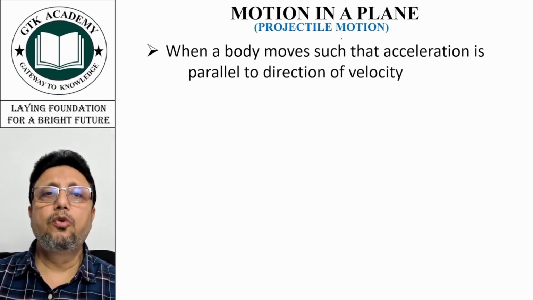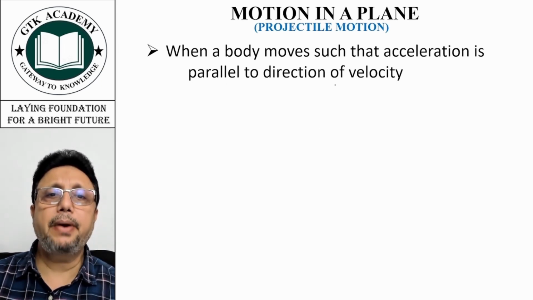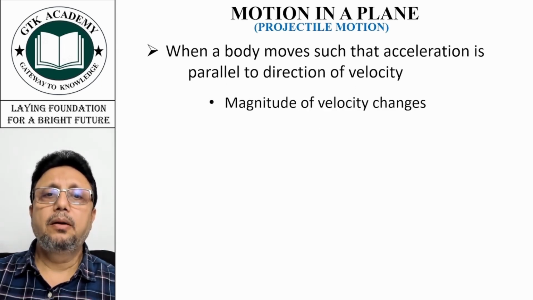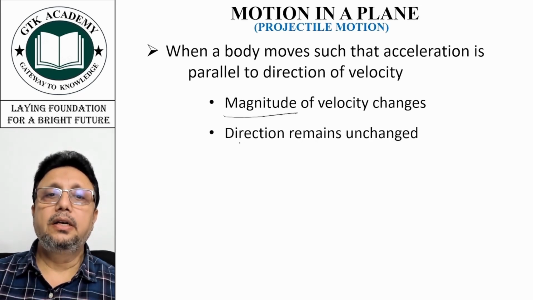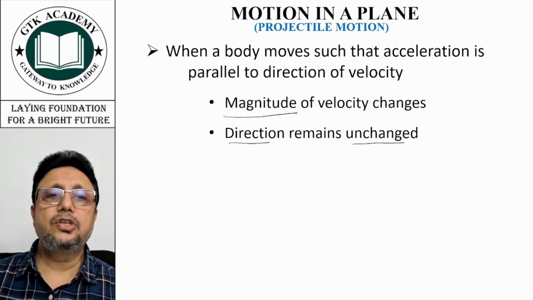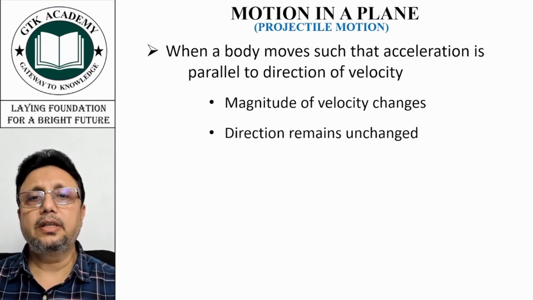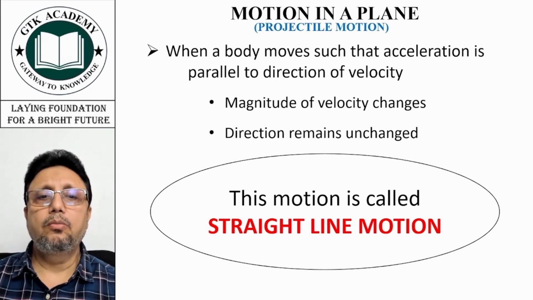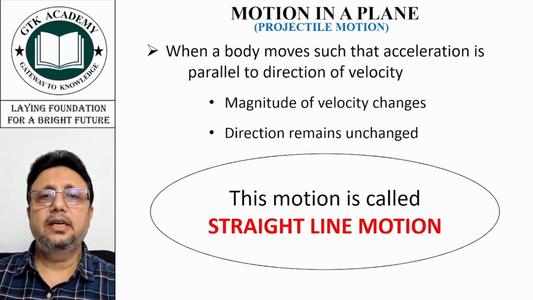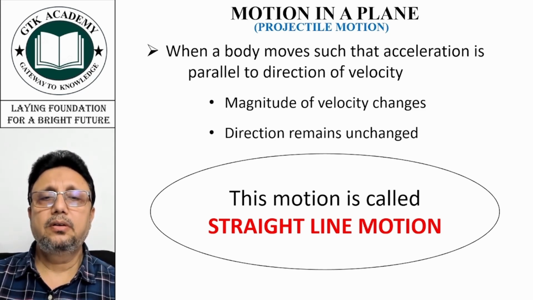So when a body moves such that acceleration is parallel to the direction, the magnitude of the velocity changes, direction remains unchanged. It's a very, very important thing. In this case, we call it straight line motion, which we had discussed in the previous chapter.